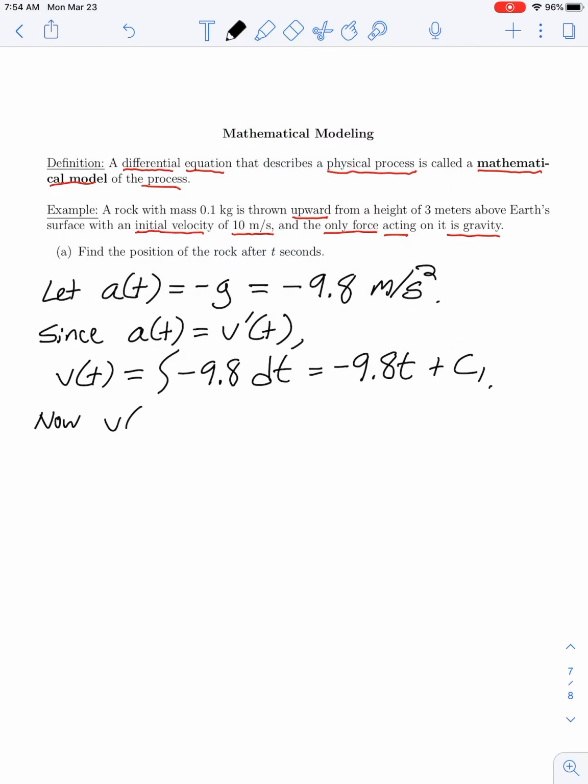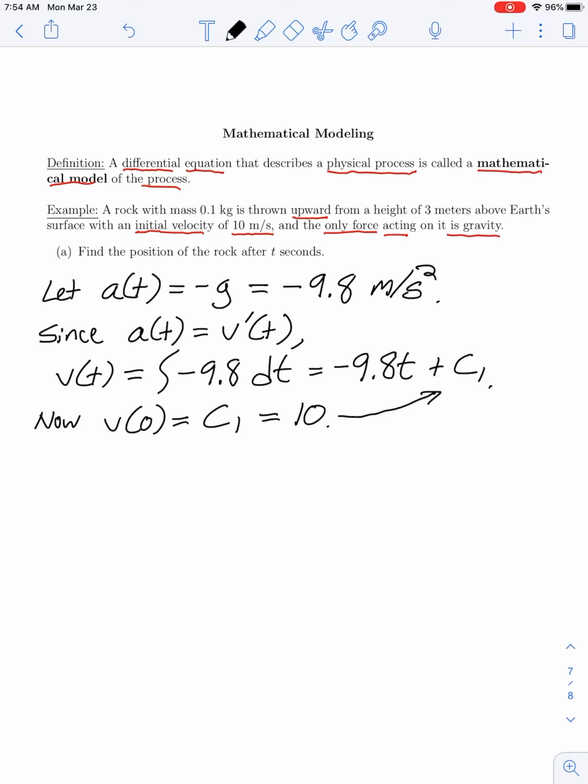So what we're given is the velocity of our rock at time 0, at the moment that this rock was being thrown. Now, if we plug 0 in for t in the general solution that we just found, we are just left with c1, and we know that this has to equal a positive 10 meters per second.